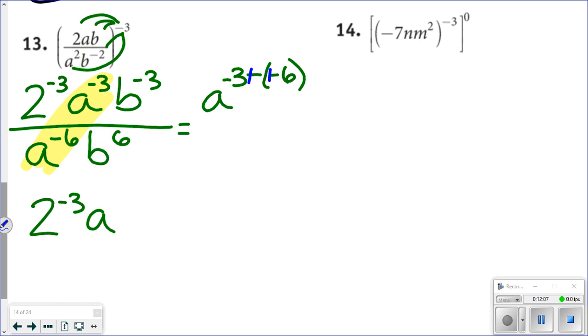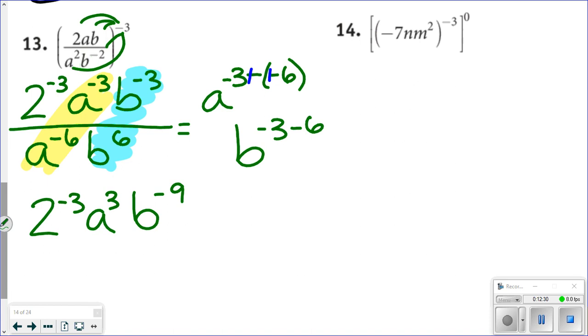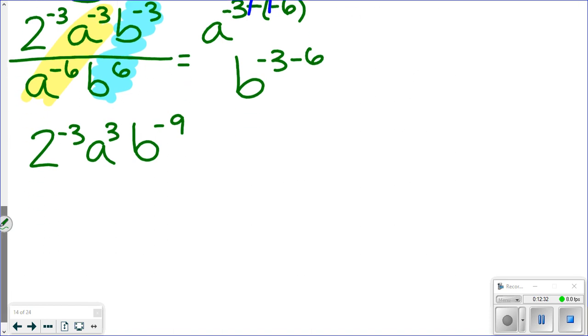Two negatives make a positive. -3 plus 6 is 3. And now let's take a look at the b's. Okay, so we have b: -3 minus 6, which is -9.